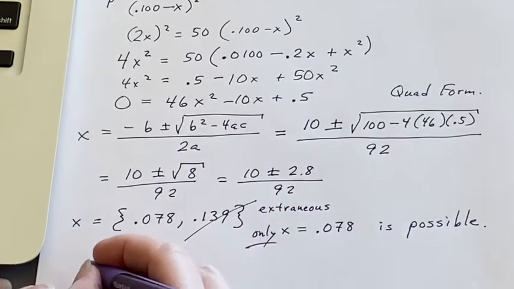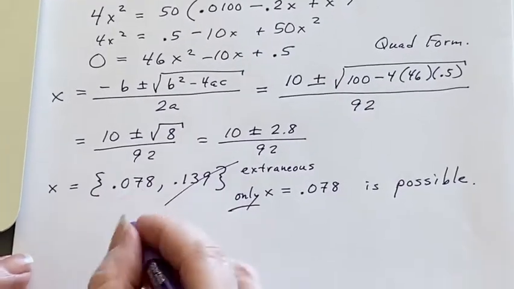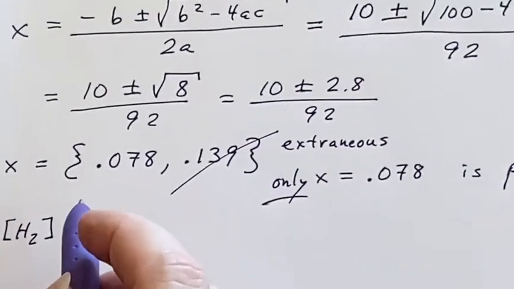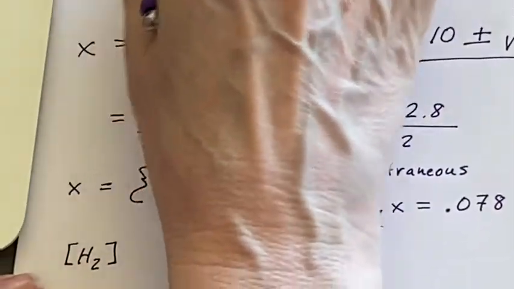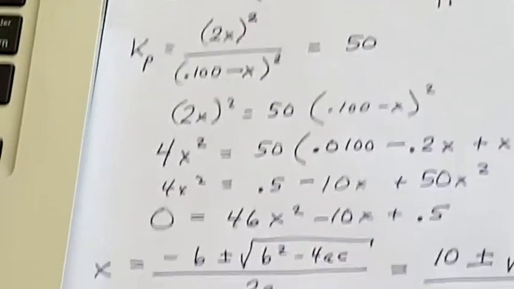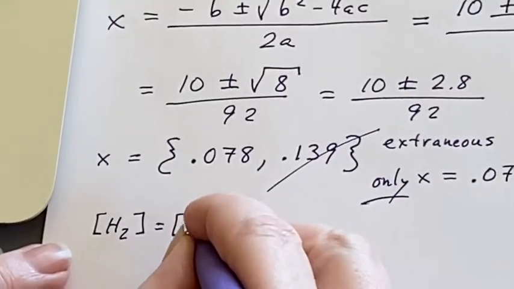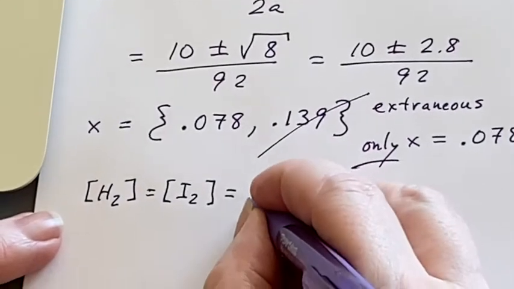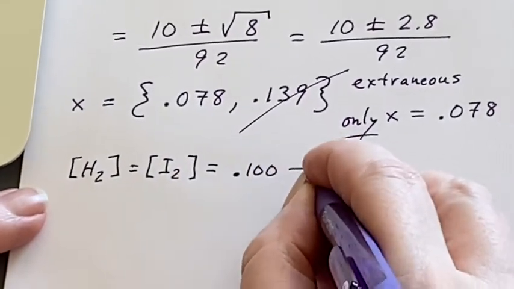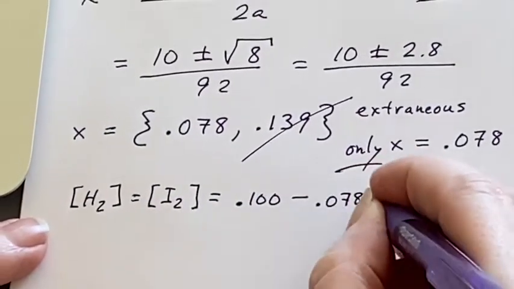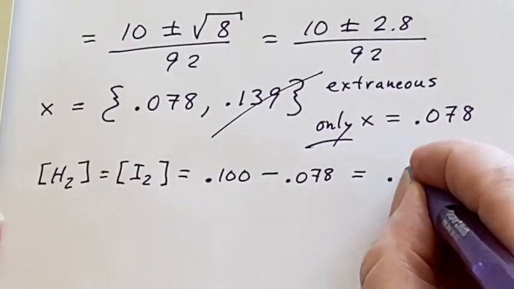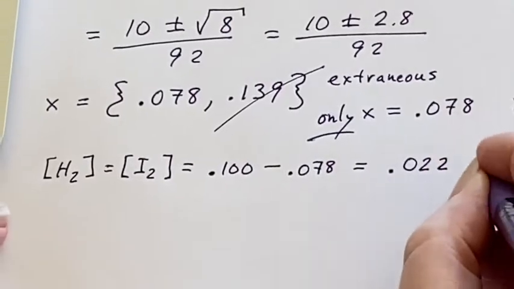So now I would like to know, what is the value of H2? I know that we started with equal values and they changed by the same amount. So the concentration of hydrogen and the concentration of iodine are both going to be the same, and they're both going to be 0.100 minus 0.078, which means that they are both going to be 0.022 atmospheres.